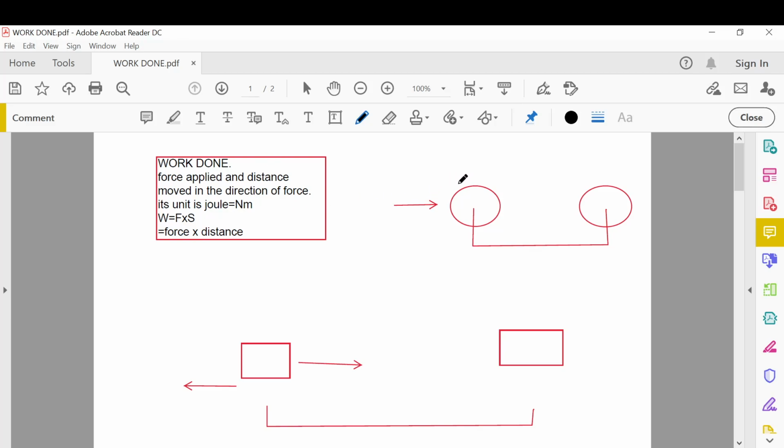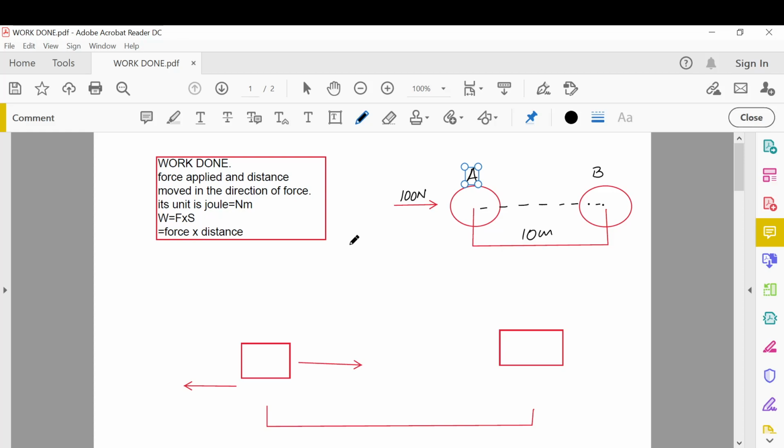This is position A. The ball moved from position A when a force of, suppose, 100 Newton is applied. It is pushed and covers a distance. I marked the center of gravity for the distance from position A to position B. Suppose that distance is 10 meter after the application of the force of 100 Newton.